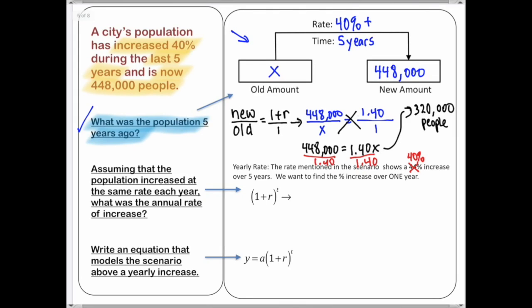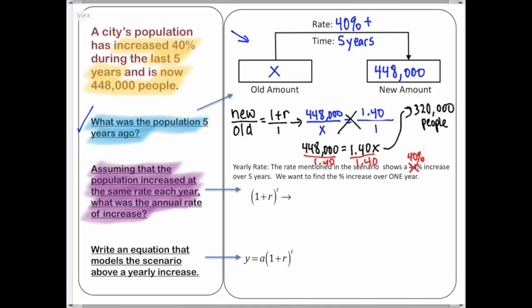Now, here we go. This is where we're going to have to break out some newer stuff. So let's read this on over. It says, assuming that the population increased at the same rate each year. That means it's not going to have a big boom of people coming to the city one year and then people leaving the city the next year, et cetera. What was the annual rate of increase?